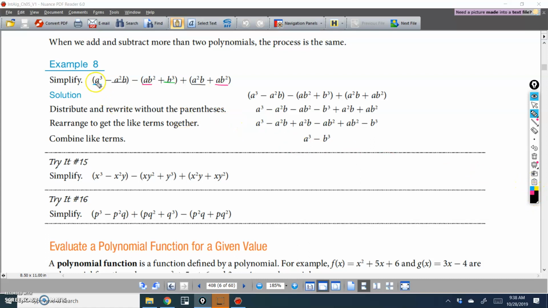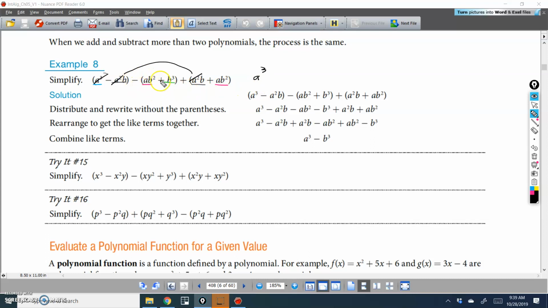Alright, combine time. A cubed, there's nobody to play with, so that's just going to be a cubed. Negative a squared b, so there's negative one of these right now. Here's the other one. So negative one of these plus one, so these guys are combining. Negative 1 plus 1, these guys actually cancel out completely, so that's going to be a 0.